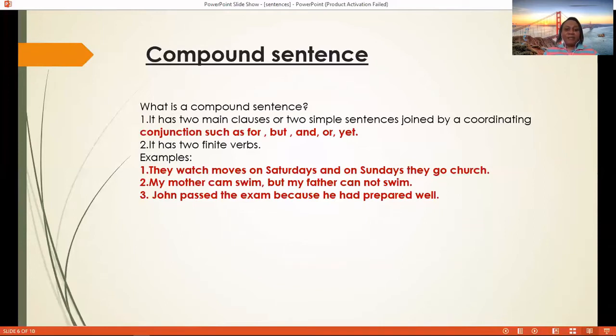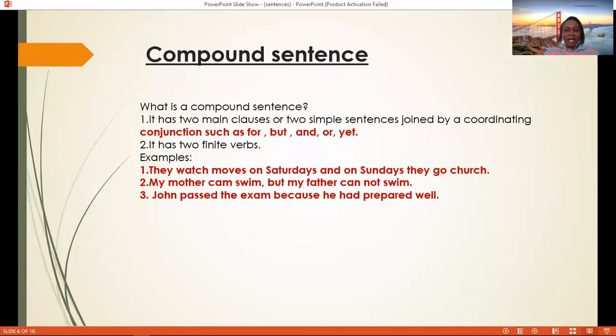Look at the subject. They being our subject. And watch our finite verb. And on the other hand, we have also go as another verb. Right, so two finite verbs.